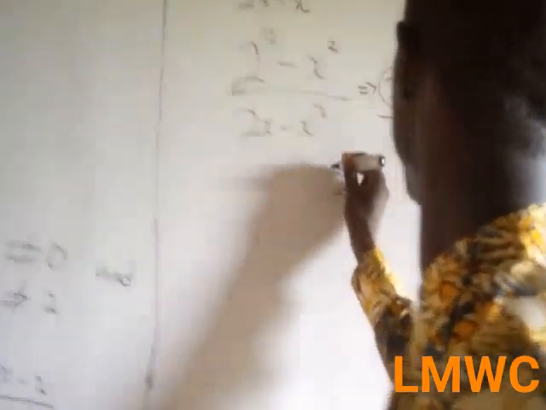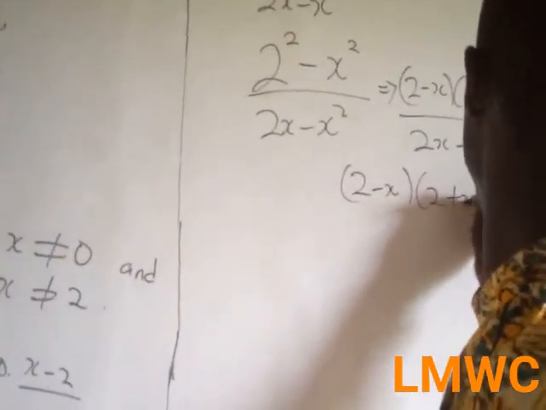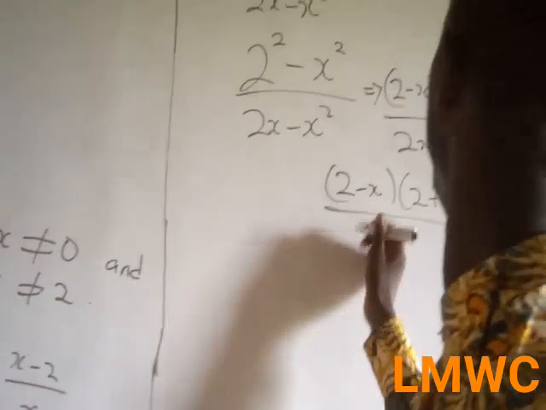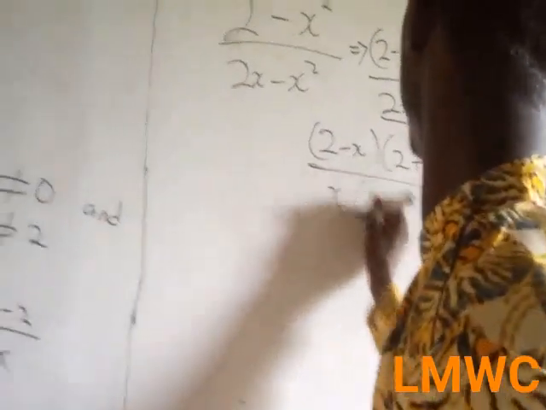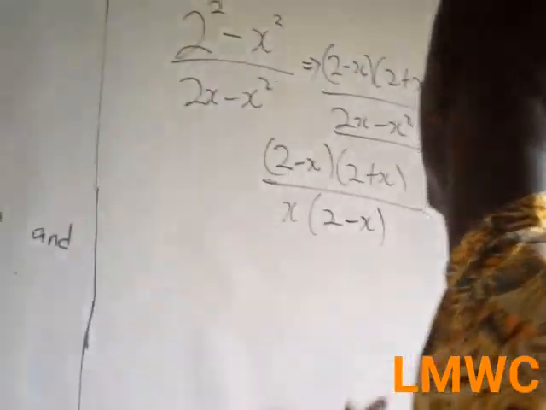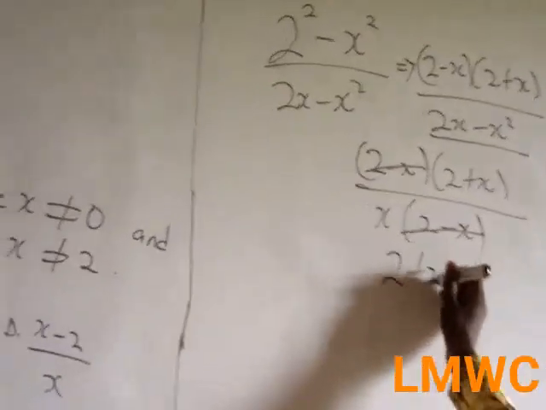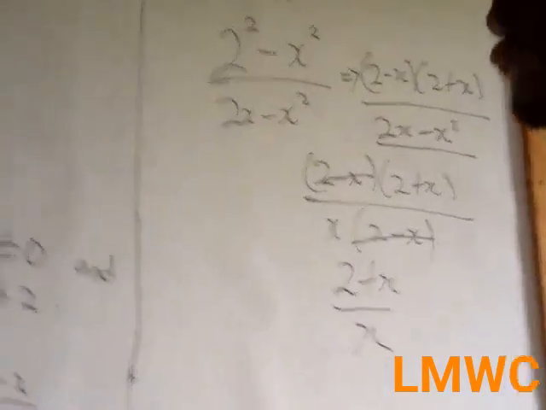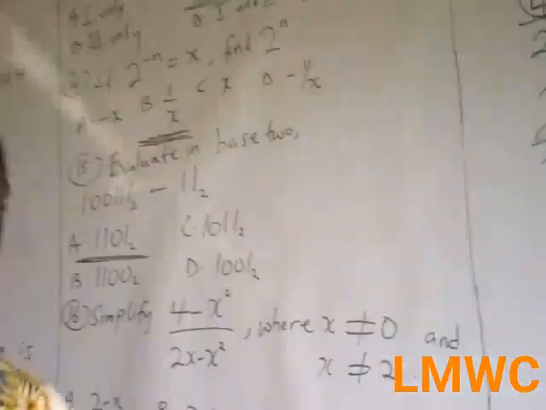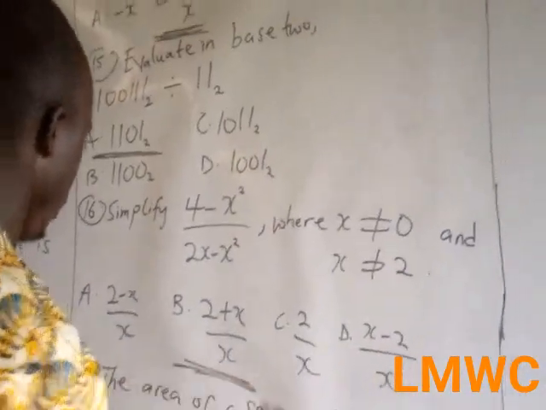Now you factorize the denominator, taking x out, we have 2 minus x. So this will cancel this, we have 2 plus x over x. The answer is B.